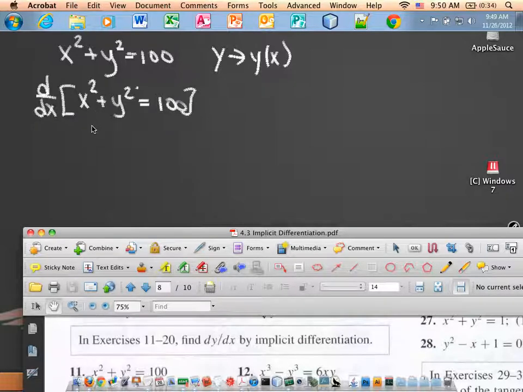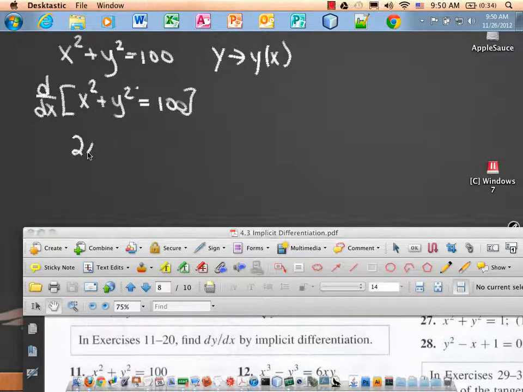Good old power rule. 2x plus, now use the power rule again, so this would become 2y, but then by the chain rule, dy/dx. So basically whenever you take the derivative of an expression that has a y in it, it's going to end up with a dy/dx at the end. It's pretty much the way that's going to work. Is equal to, okay, what's the derivative of a constant?